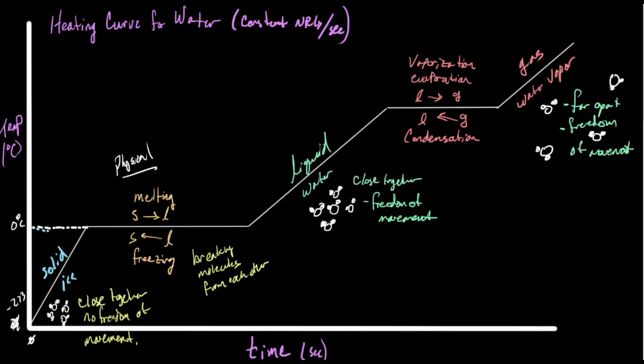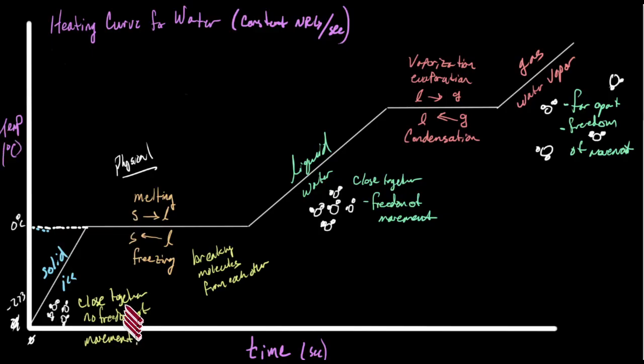Okay. Now, up until this point, we have discussed these situations, these slanted lines right here. What would the slope of these lines represent? It would be rise over run, right? So it would be a change in temperature over time.